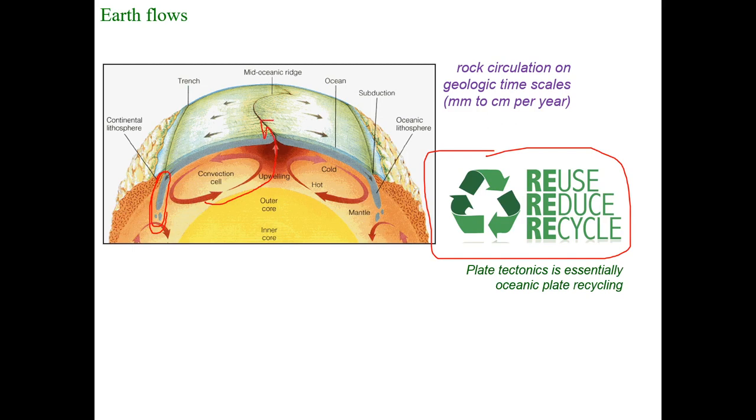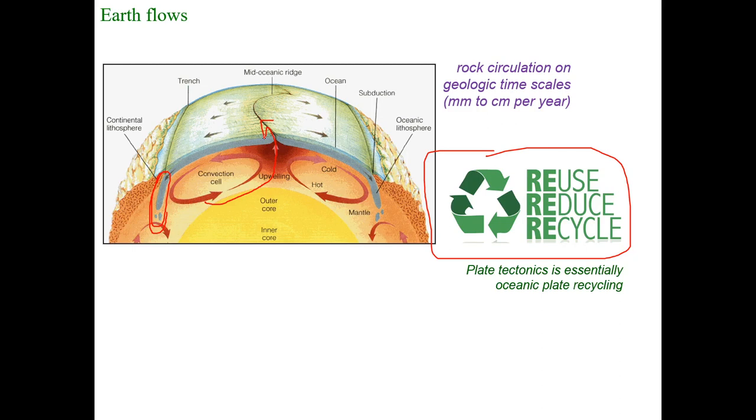It's this constant recycle convection cell machine that is recycling ocean crust and lithosphere and burping it out in other places and absorbing it in other places. Okay, so the ocean crust is constantly recycled. The difference, though, is continental crust. Continental crust is not recycled. It does not go back into the mantle. It's too buoyant. It's not dense enough to sink back in there.